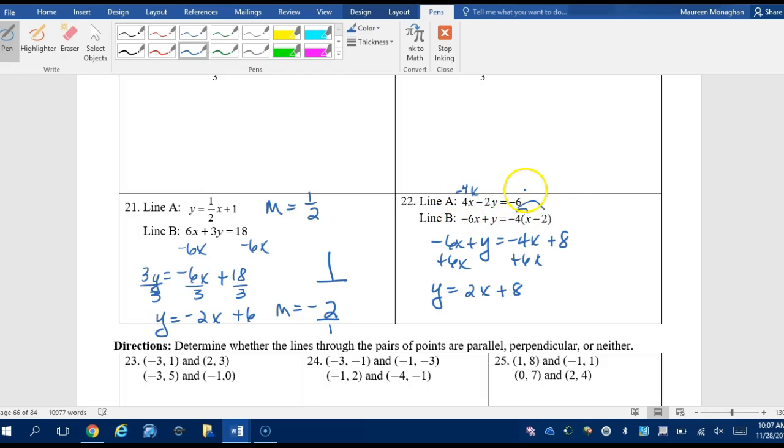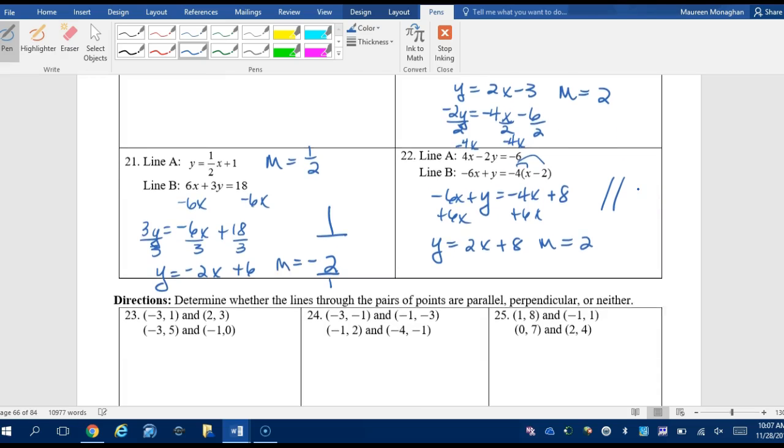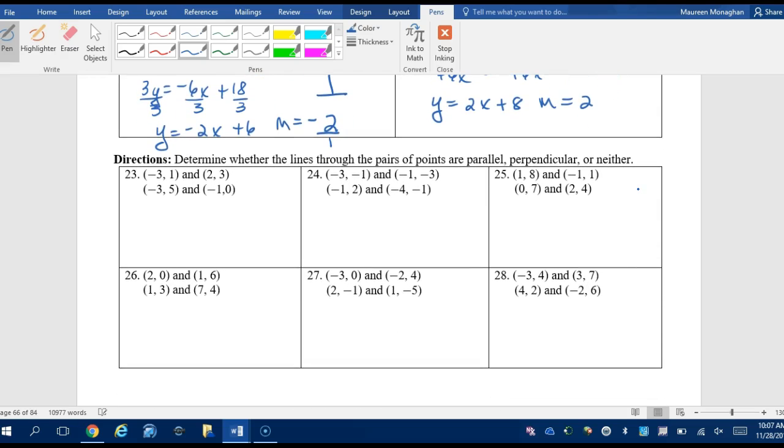Subtract 4x, so negative 2y equals negative 4x minus 6, divide by negative 2, so y equals 2x minus 3. This slope is 2, this slope is 2, parallel. Boom! Okay, don't get up. Nope, stay where you are.